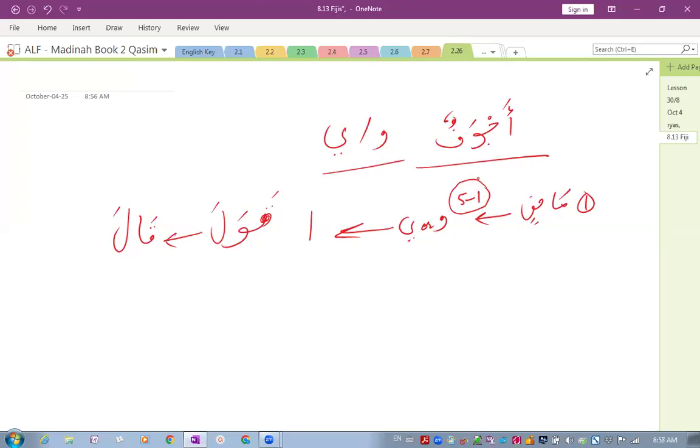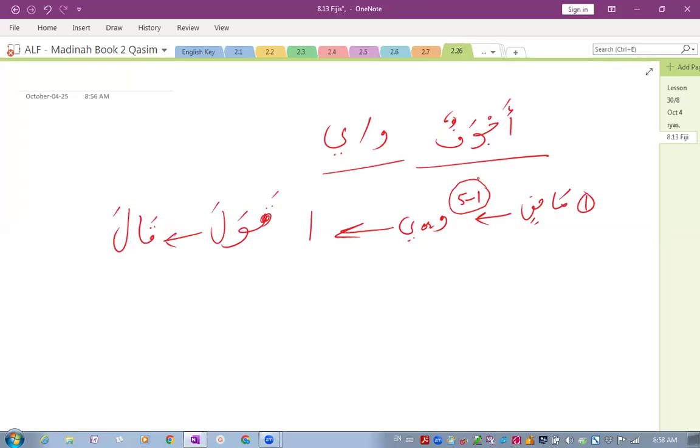So for sakin pronouns, the middle radical will change to an alif: qala, qala, qalu, qalat, qalata. The waw or ya will get changed to an alif.